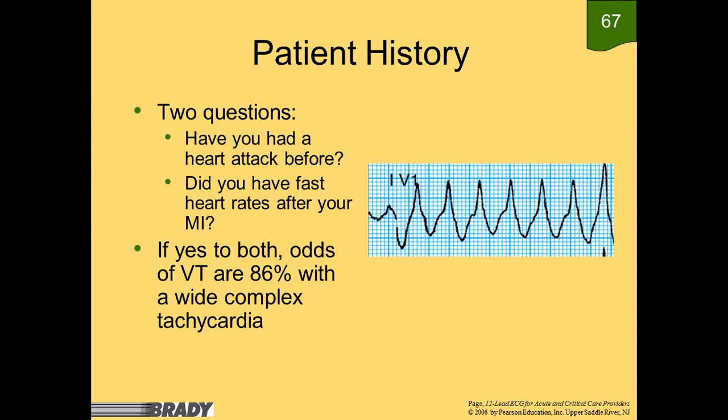So have you had a heart attack before? And the second one, did you have fast heart rates after your MI? If they tell you yes to both of those, science tells us 86% chance that what we're seeing this time with the patient presenting wide complex is VTach. So those are two very important questions to ask.